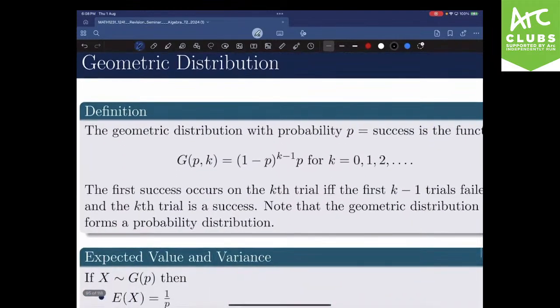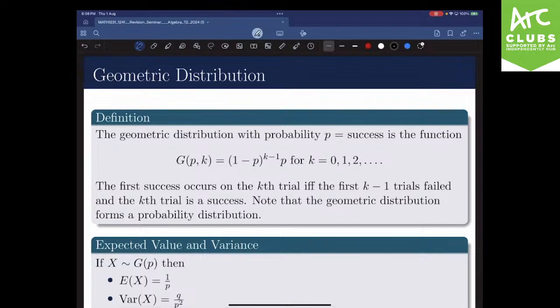Okay, next we have a geometric distribution. The geometric distribution, you can have a read here, but essentially what it does is just measure the probability of taking K amount of turns before I get a success.